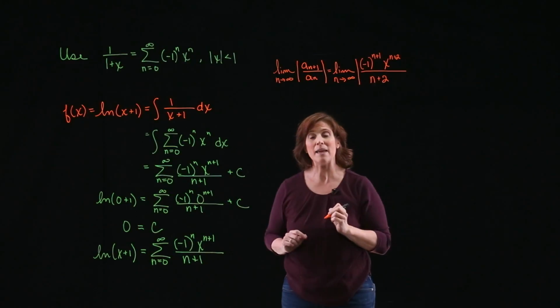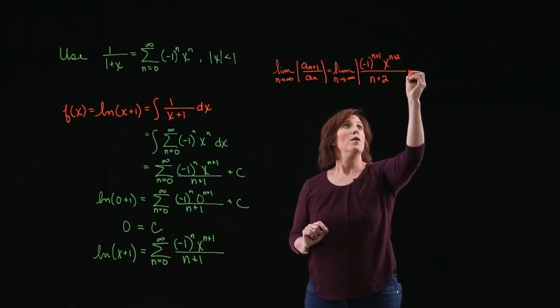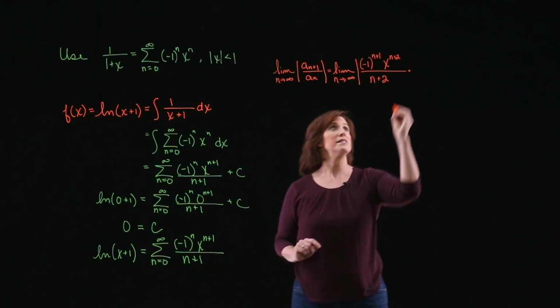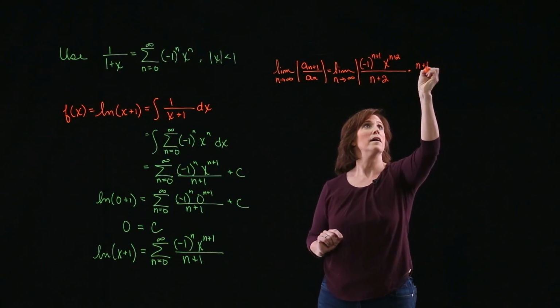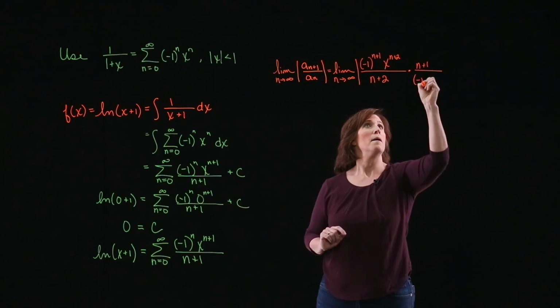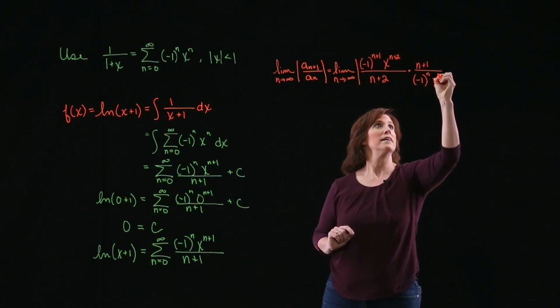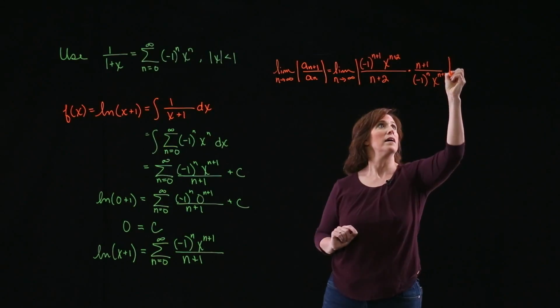I now need to divide by a sub n, which is the same as multiplying by the reciprocal: n plus 1 all over minus 1 to the n and x to the n plus 1.